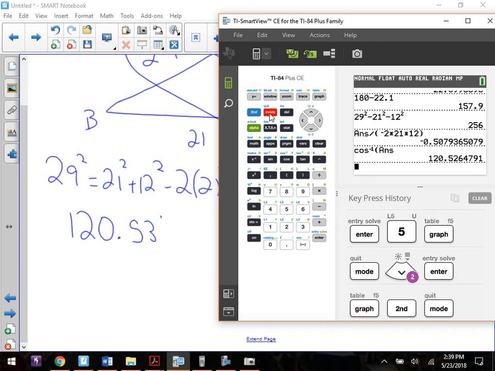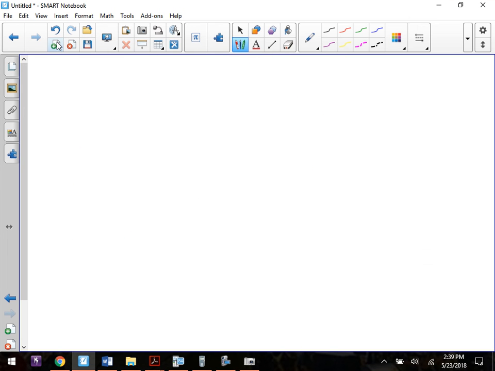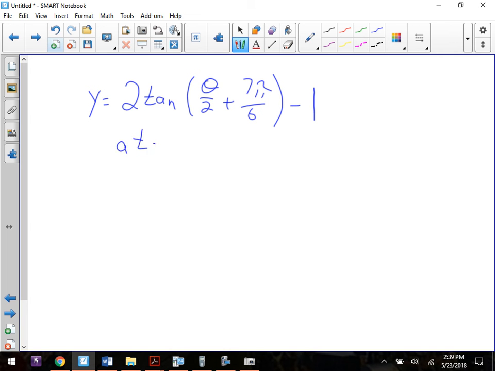Speaking of graphing, look at 53. Now, this is almost the generic form of how we would graph something: A tangent of B times x minus h, plus k. Which means, what do you have to take out of the parentheses to figure it out? Pi over 2 is just 1/2.